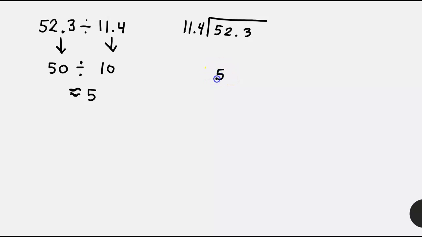So if I have 52.3 divided by 11.4, or 11 and 4/10, to use correct language, they said 52 is compatible with 55. It's a compatible number, and they made 11 stay the same. So your quotient is still, if you look over here, about 5. So no matter how you do it, you can get close to the same answer. And there's variations as far as what quotient you get. All right?